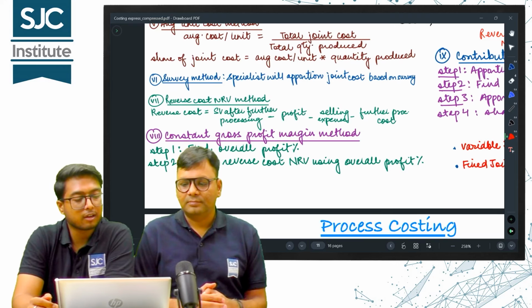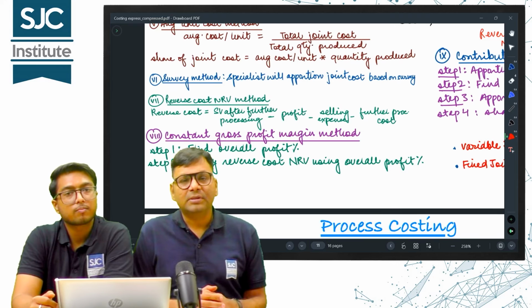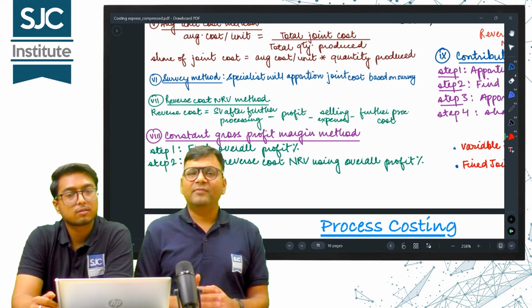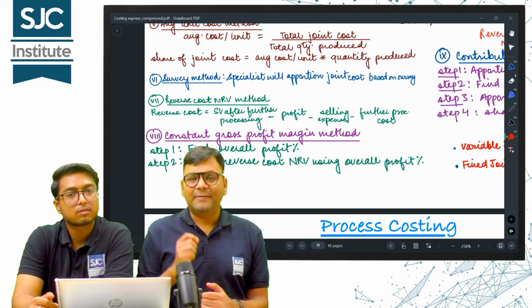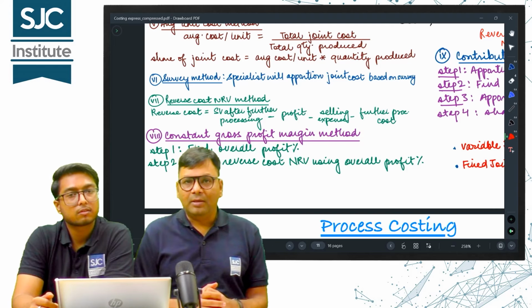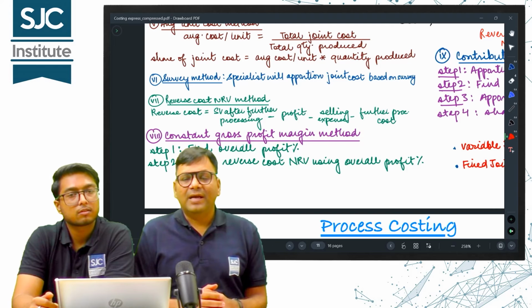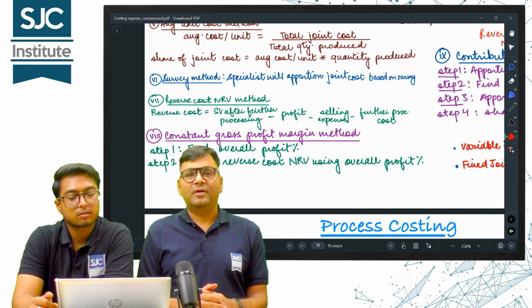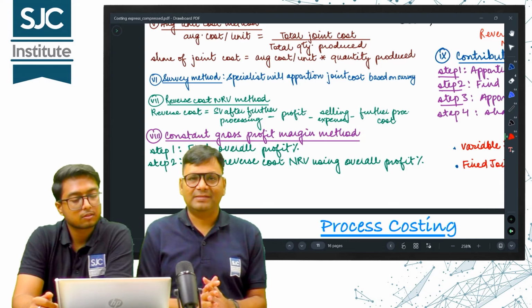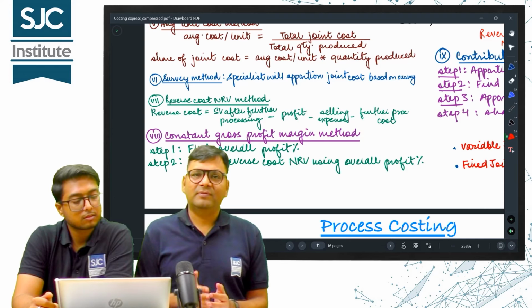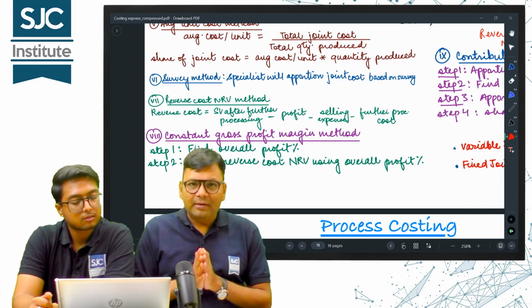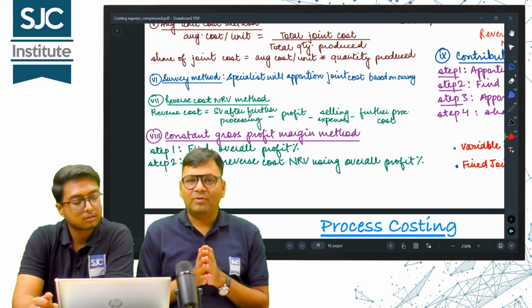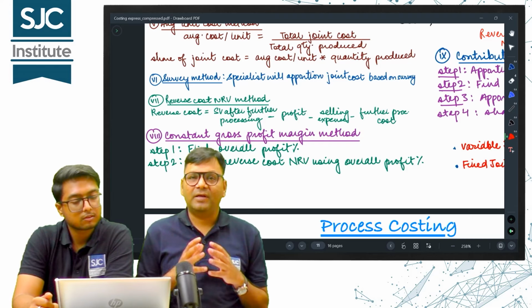Reverse cost NRV method. This is extremely important. Here, if you compare this with the NRV method, one difference is there, which is the profit part. So whenever in question we have profit margin for specific main product given to us, then we always use reverse cost NRV method, which is the NRV only with an additional item of deduction, which is the estimated profit margin.